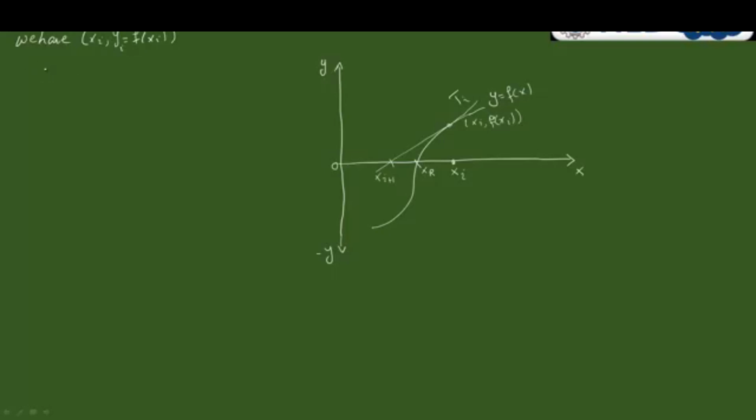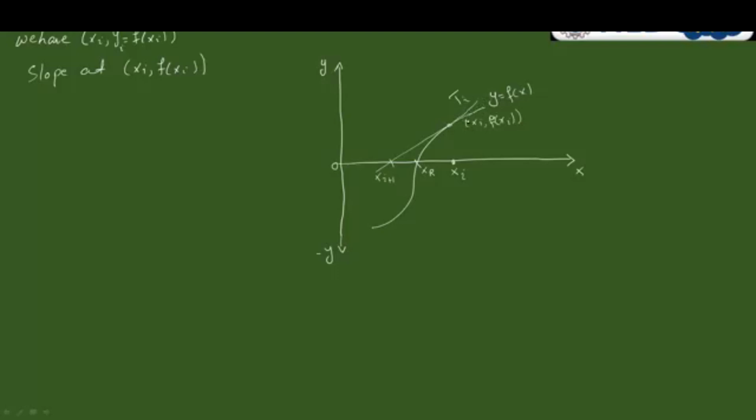So to do that, we note the slope at this point xi, f of xi. What would be the slope at this point? This is the function given to us, at which we have to find the root. So we just need to draw the tangent.